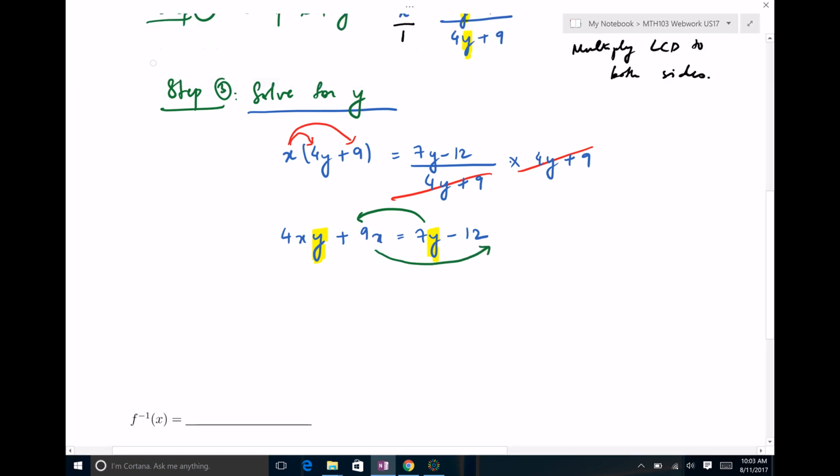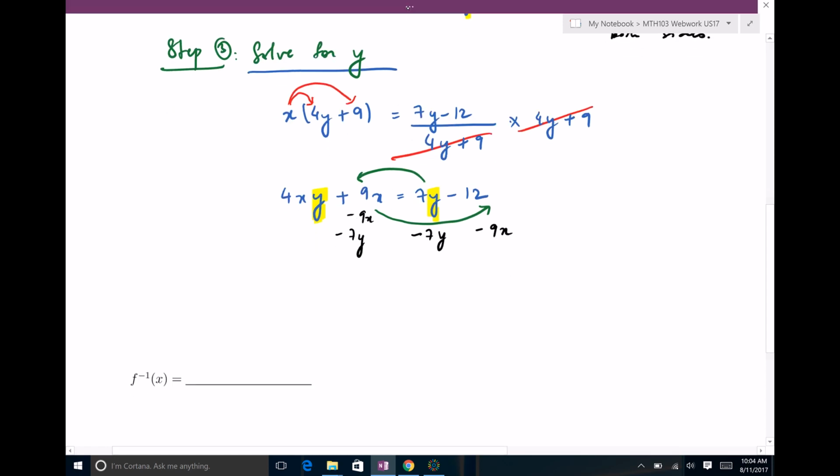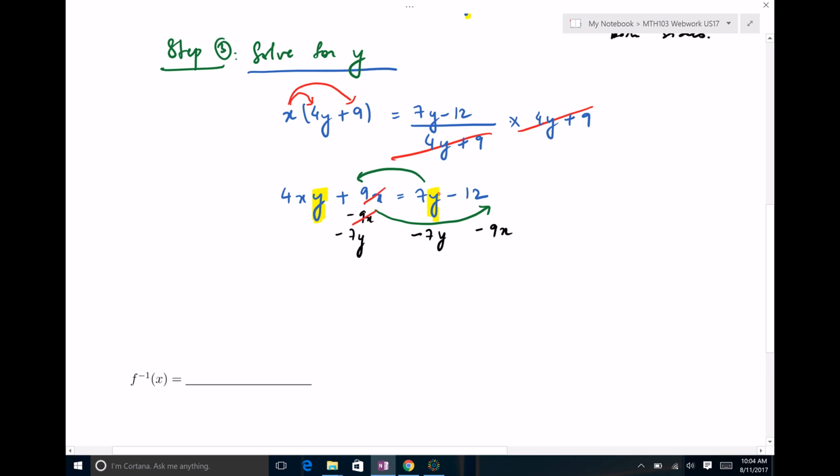So to do this, I'm going to subtract 7y from both sides of the equation, and to take the 9x over, I'm going to have to subtract 9x from both sides of the equation. Now what happens because of this is on the left hand side we can cancel 9x, and on the right hand side we can cancel 7y.